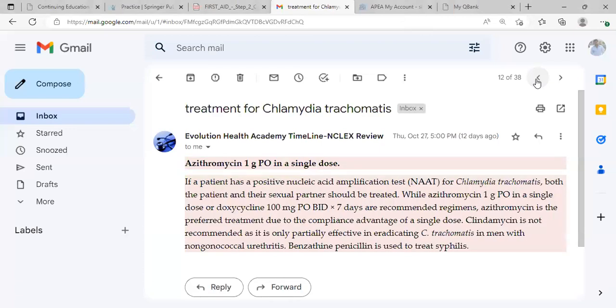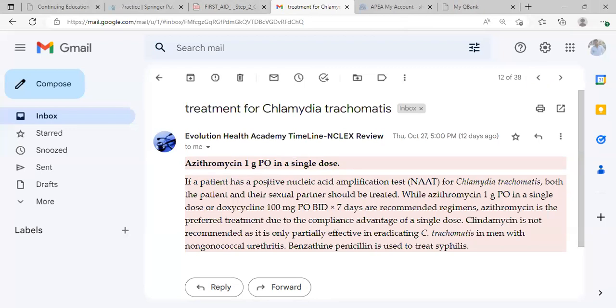So here is some information about the treatment of chlamydia. Chlamydia is a sexually transmitted infection, most common in America. And we treat chlamydia with azithromycin. Azithromycin 1 gram PO in a single dose.